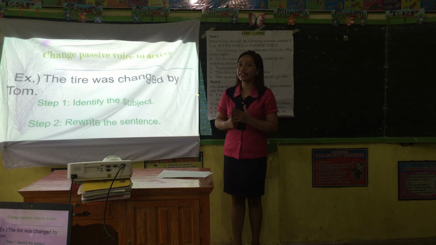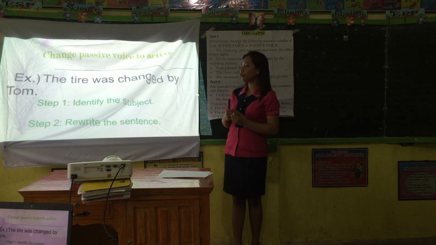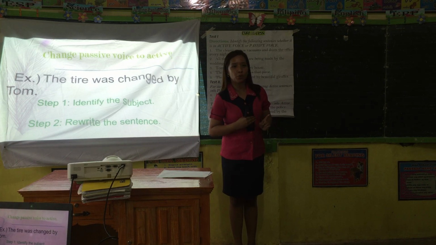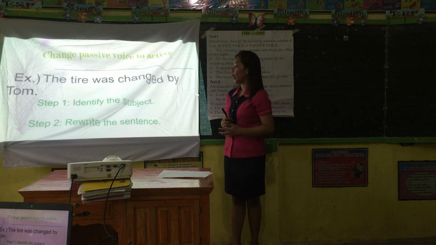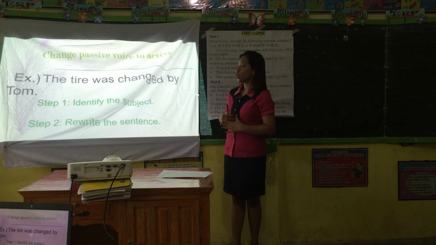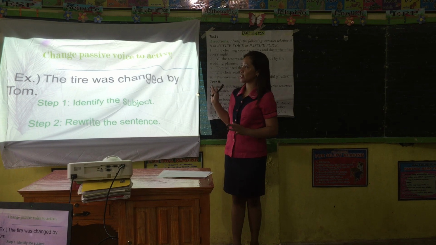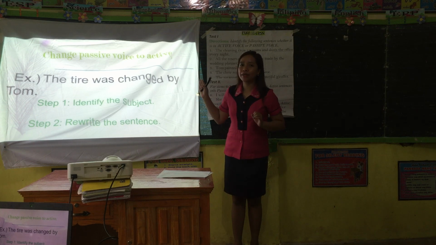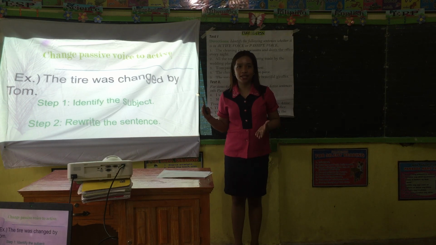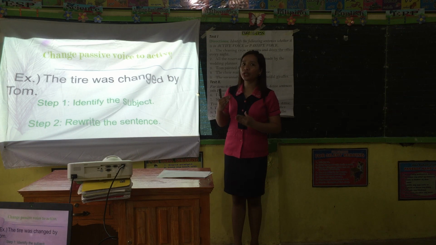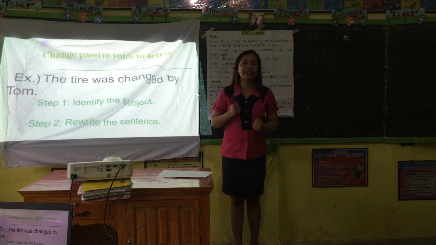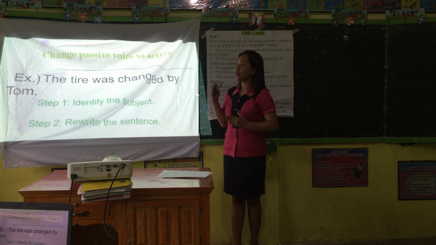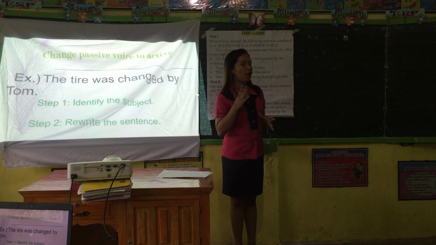Now, since we already identified the subject, we move on to step 2, which is rewrite the sentence. We can easily recognize that this sentence is in passive voice since the keywords was and by were used.